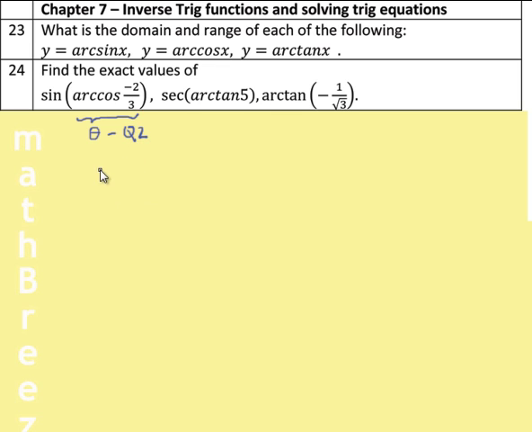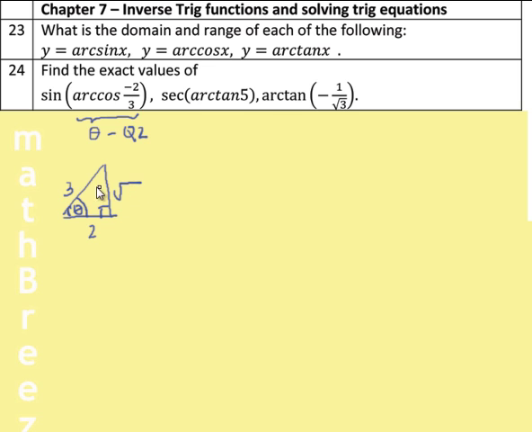All right, so for these problems, we draw a triangle. I'm going to put reference theta in here because it's in quadrant 2. And we know cosine is minus 2 over 3, so I'm going to put a 2 for the adjacent and the 3 for the hypotenuse.